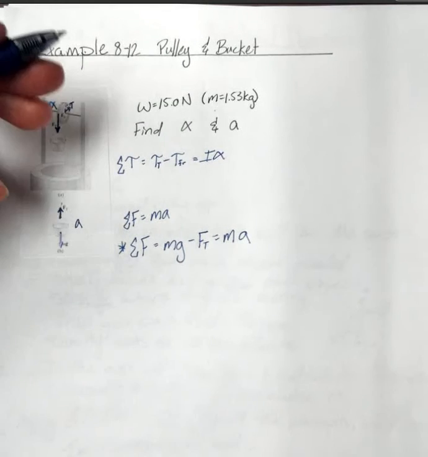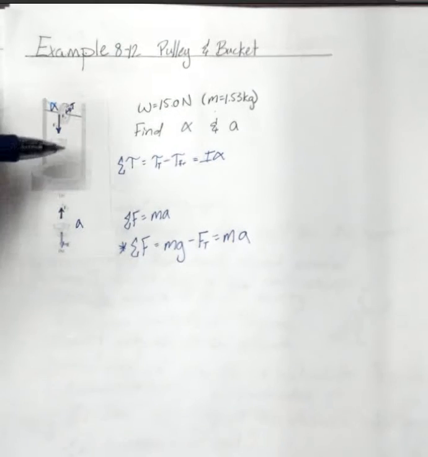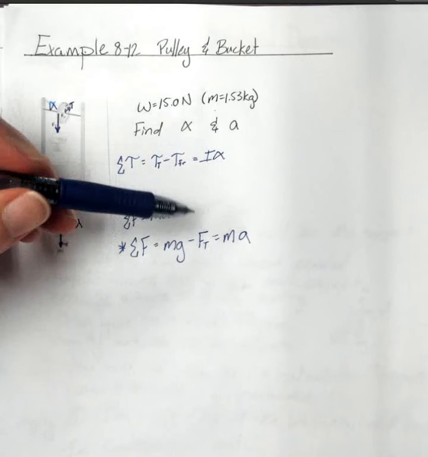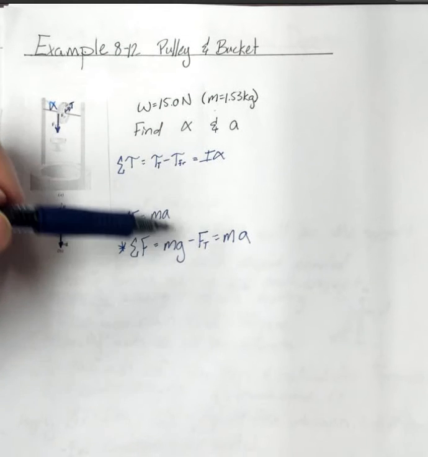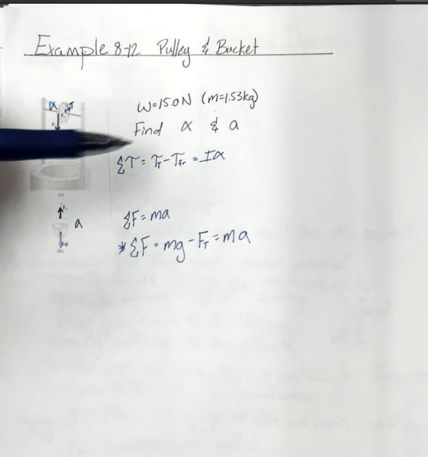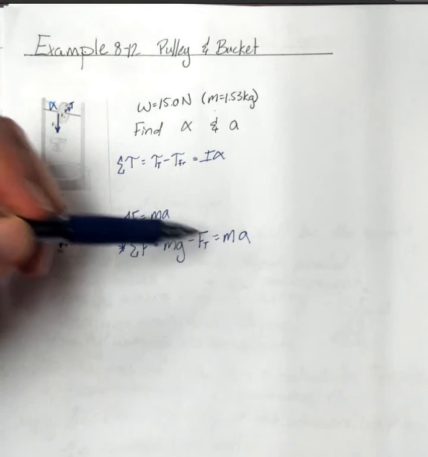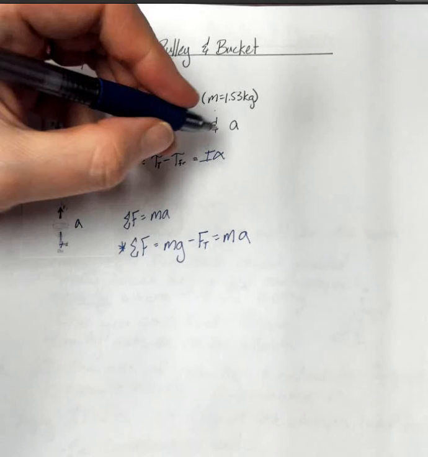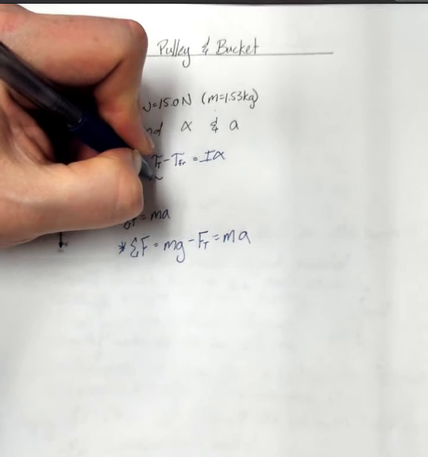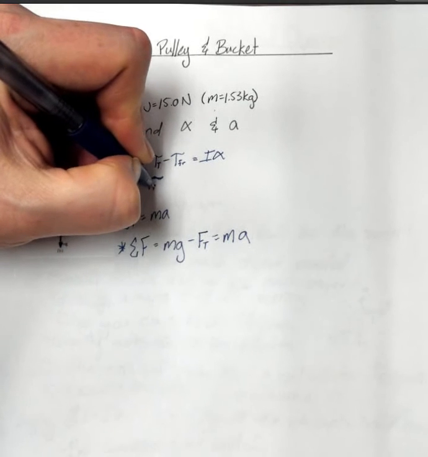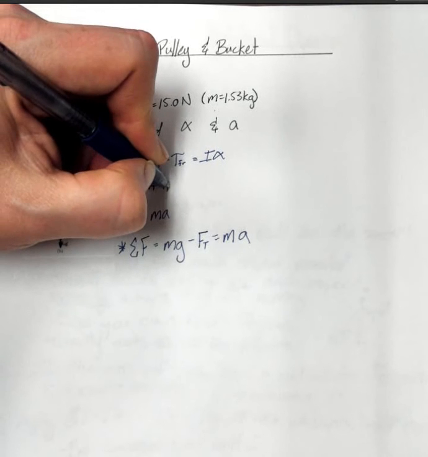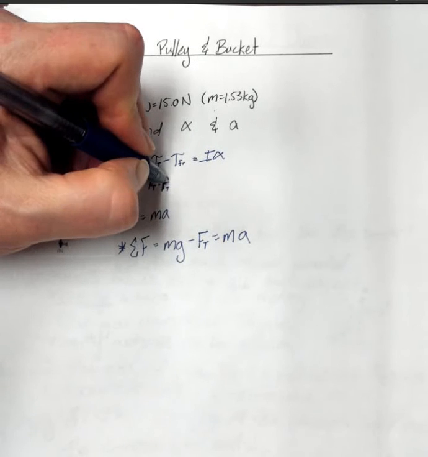So we don't know what the tension is, but we do know that there is a relationship between these two free body diagrams, and that relationship is the force of tension. The torque is the force of tension times the radius at which the tension occurred, which we know from our previous problem.